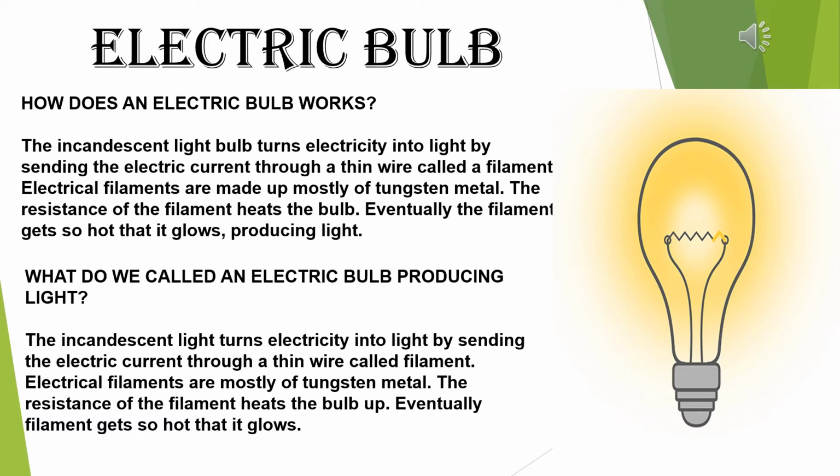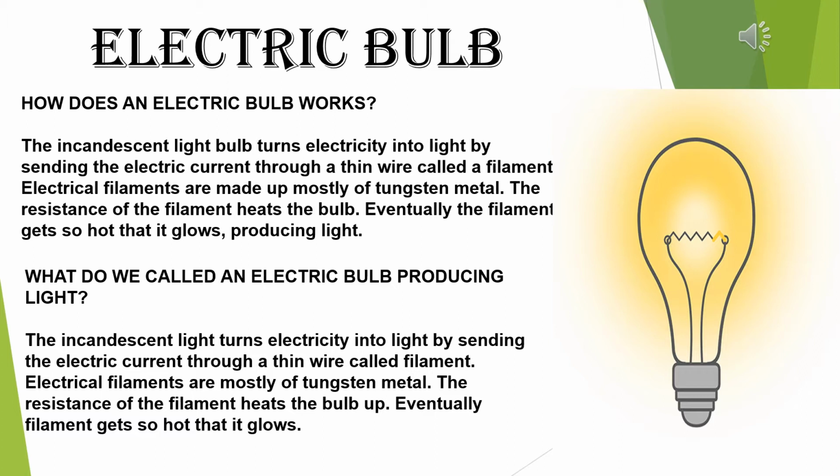Now there is a filament of a thin wire of tungsten in an electric bulb. The melting point of the filament wire is very high, so it can withstand high temperature. The melting point of tungsten is about 3380 degrees Celsius. It is enclosed in a glass bulb and fixed over an insulated support.